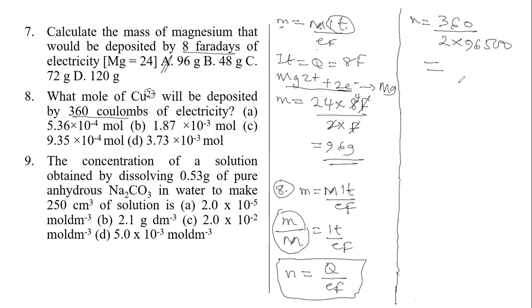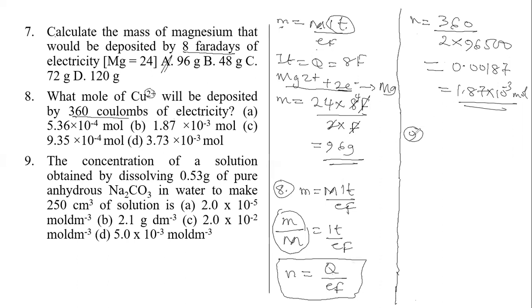If you press the calculator now, that's going to give you 0.00187, which is 1.87 times 10 raised to the power minus 3 moles. I believe that is very, very simple.